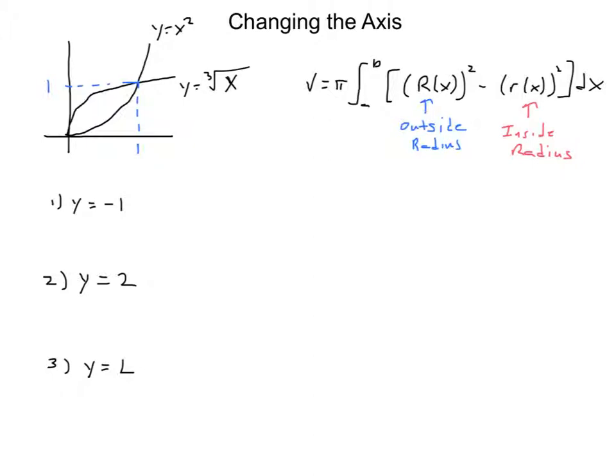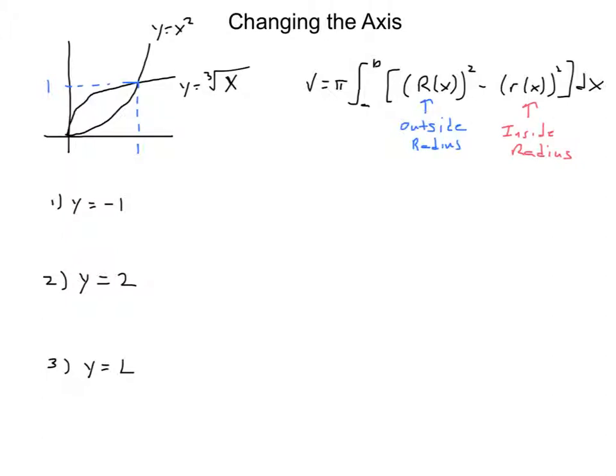In this case, please note that what we've done so far, when we use these as our outside and inside radius, our axis of rotation was the x-axis, which happened to be y equals 0.